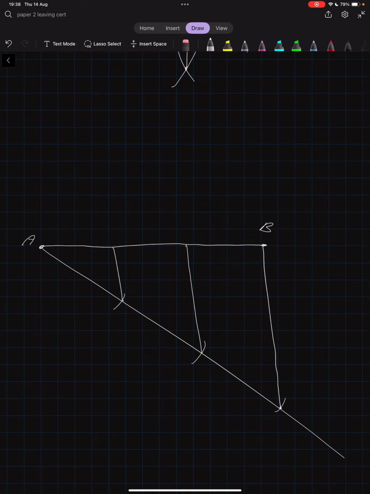Okay? So remember, your ruler stays in the same direction, and therefore these lines are all parallel. And then these three lines are then all the same length. Okay? So that's another one.